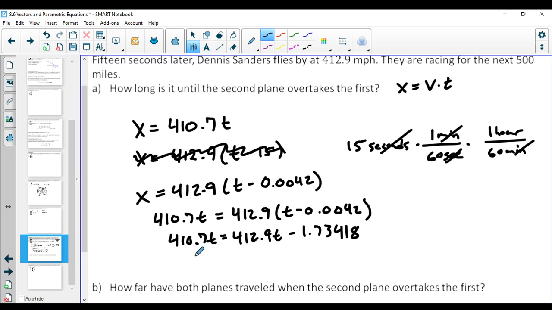So we get about 2.2 t equals 1.73418, and then t would equal about 0.788. And that would be in hours, right? Which, if you did the calculation, would roughly come back to 47 minutes.